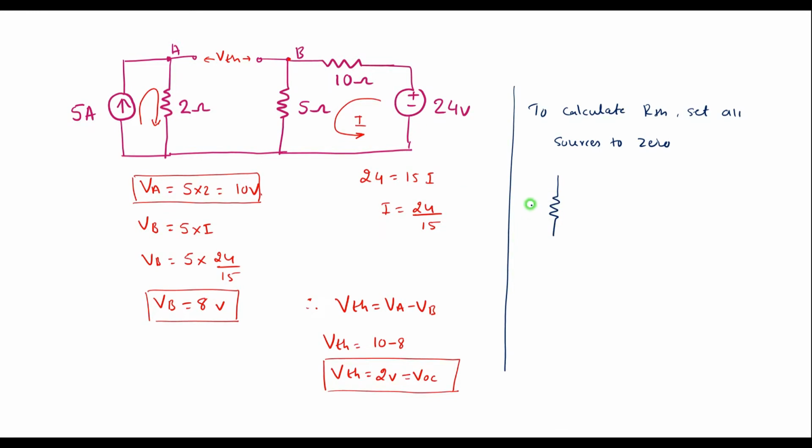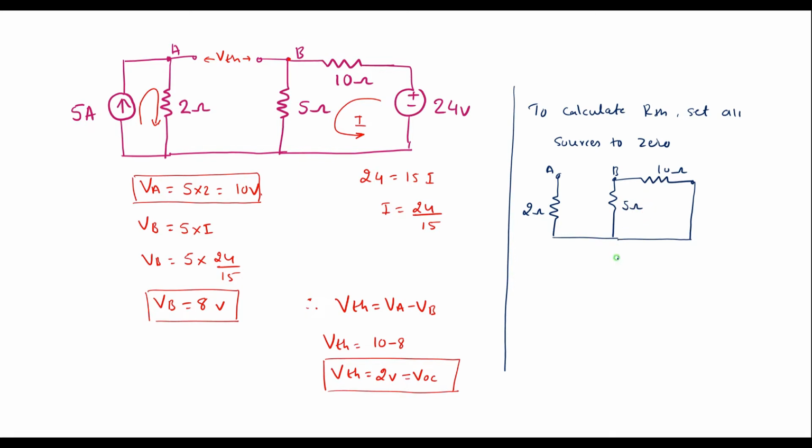Here we have 2 ohm, this is terminal A, and here we have 5 ohm, this is terminal B, and here we have 10 ohm, and this is short circuited. The circuit is like this. Now we are supposed to find the equivalent resistance between terminal A and B. So here we can see that 10 and 5 are in parallel.